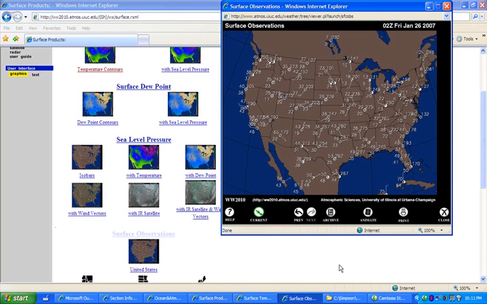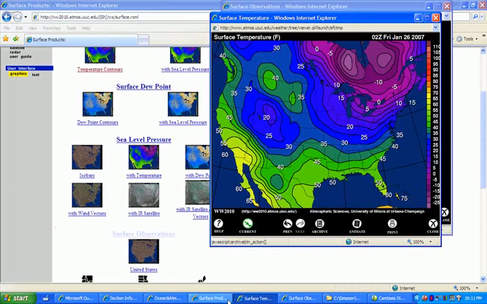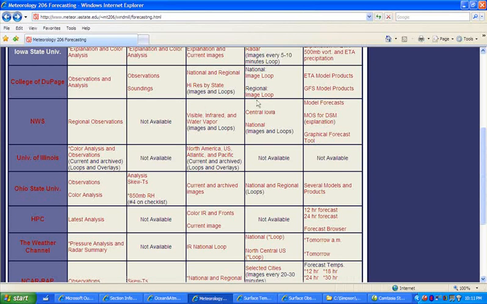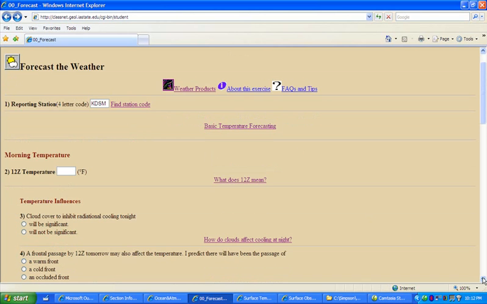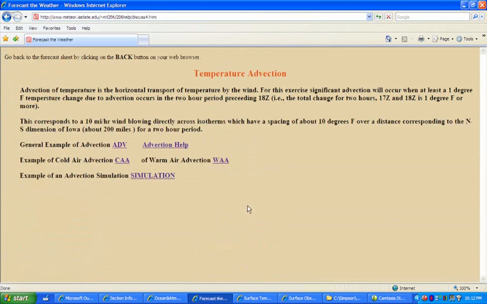Let's put those two items into Advection Sim. So again, we've got southwest winds, wind speeds 5 knots, and the temperature changes by 10 degrees across Iowa. We saw the temperatures in northeast Iowa at 17 and southwestern Iowa 27. So let's go back to our help menu for temperature advection.